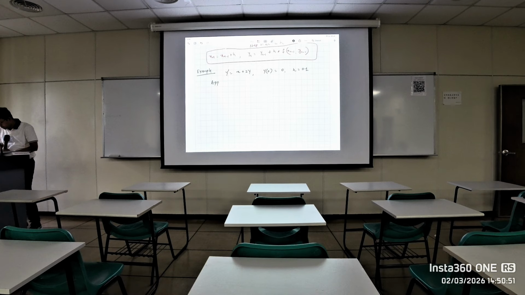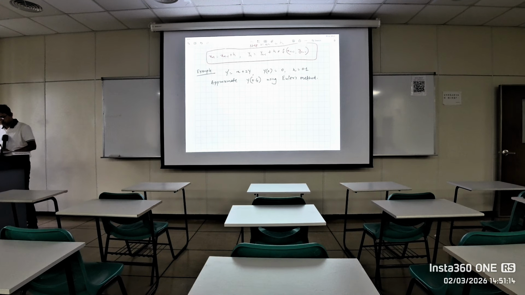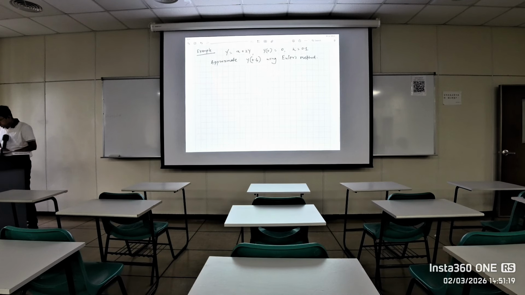The question is to approximate y of 0.4 using Euler's method. Okay. So what is given? dy by dx is equal to x plus 2y and h is equal to 0.1.